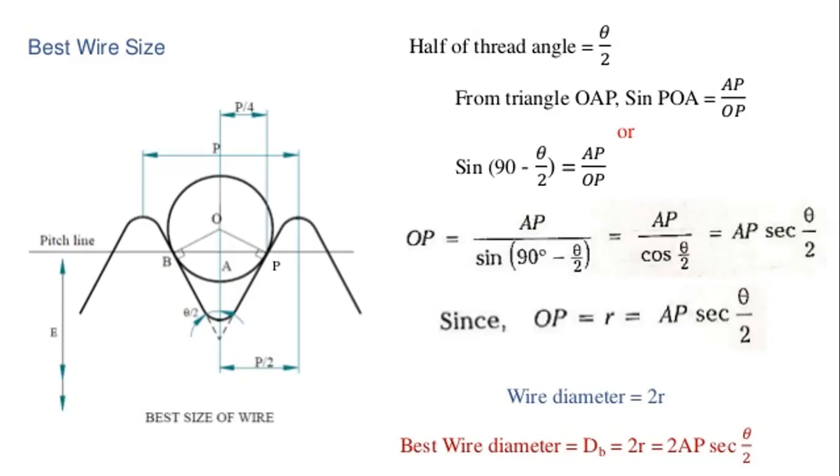Sin of angle POA is AP by OP, that is, adjacent side by hypotenuse.